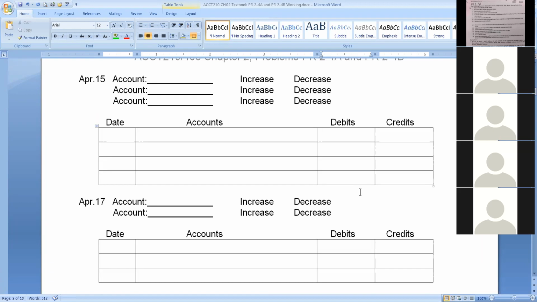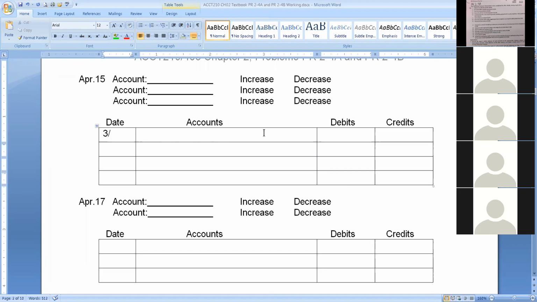Okay. Purchase land for a future building site, paying $200,000, paid $30,000 in cash, giving a notes payable for the remainder. All right.